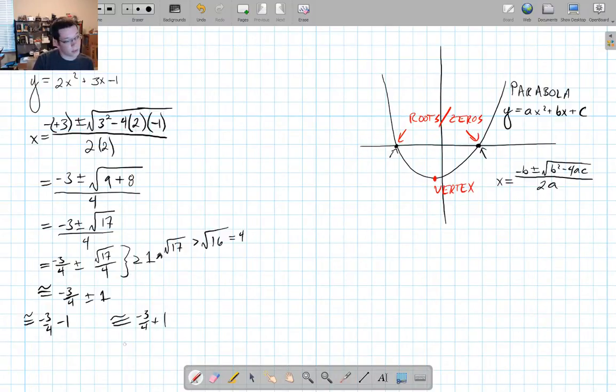Negative 3/4 plus 1 is just positive 1/4, right? From our adding fractions earlier. This is going to be negative 3/4 plus 1 times 4 over 1 times 4 equals negative 3 plus 4 over 4, which is 1 over 4.